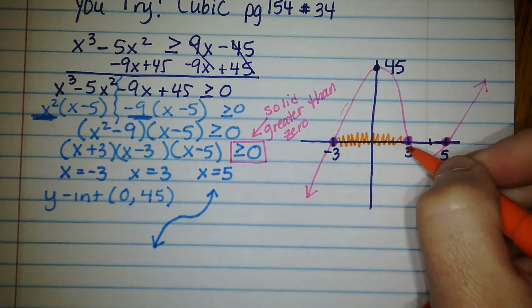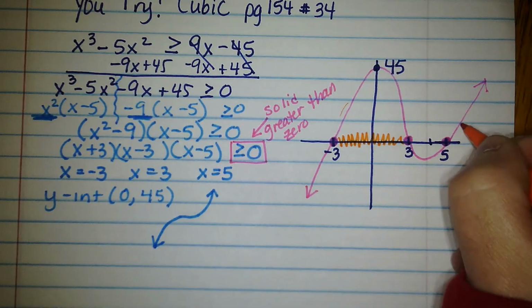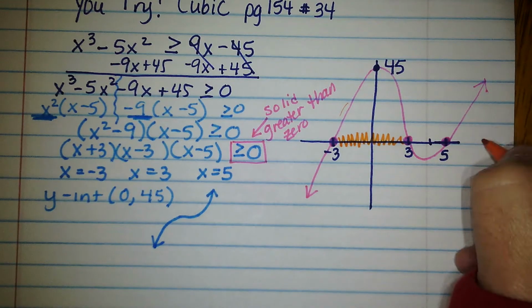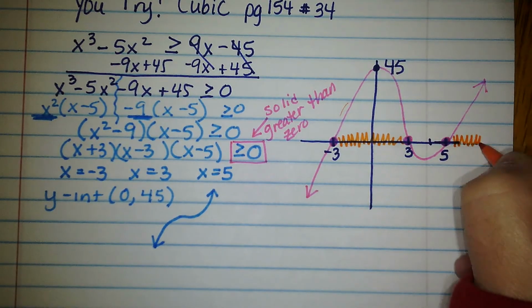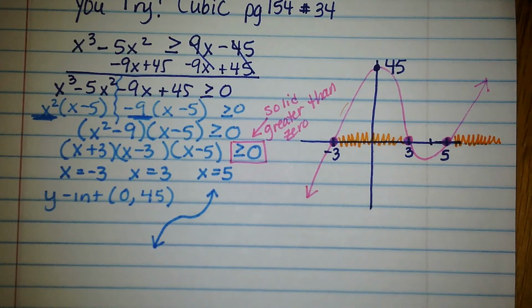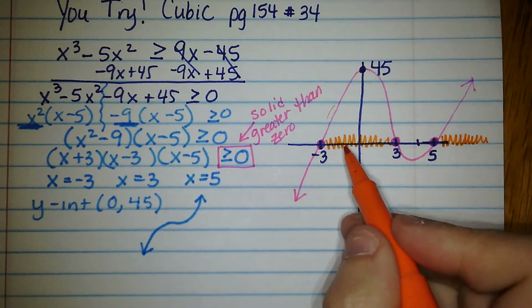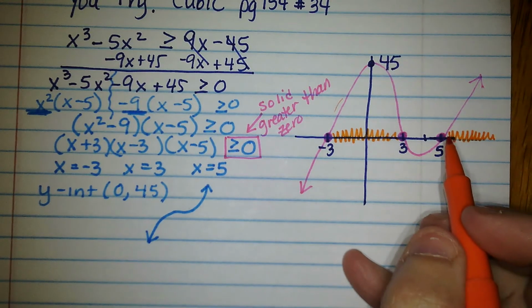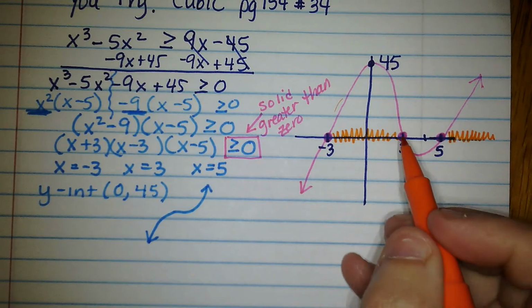We also have another one over here. These y values are bigger than 0. So all of these values of x are going to make the y's greater than 0. So these are my two sections for my inequality. Those are the solutions.